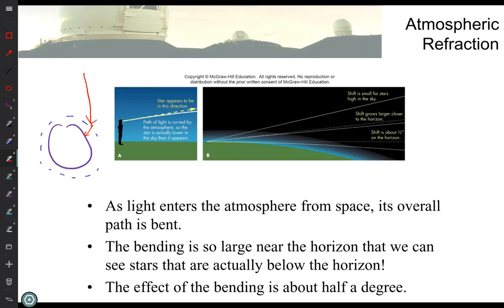So instead of seeing 180 degrees, we can see about 190 degrees worth of position of the sun because of that refraction. And so 190 degrees out of 360, that's more than 50%. And so we could do the calculations based on that, but I didn't.